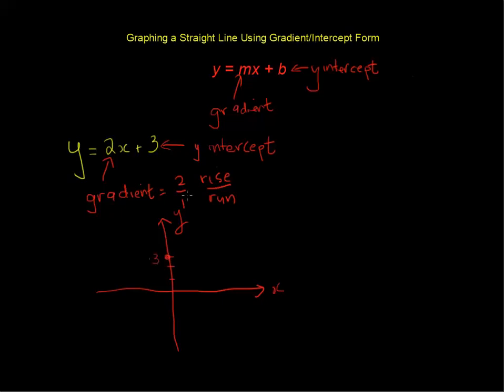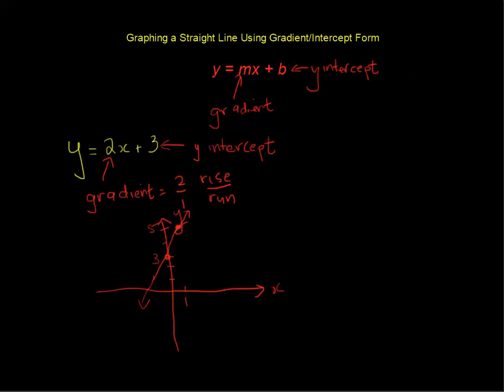That's our y-intercept. And to get to the next point on the graph, we have to go up 2 and across 1. So if we went up 2, we'd be up at 5, and if we go across 1, that gives us our next point on the graph. Then all we need to do, again with a ruler, is join the 2 points together. We're able to graph the line.